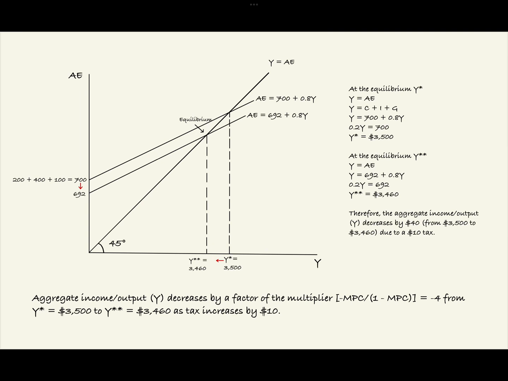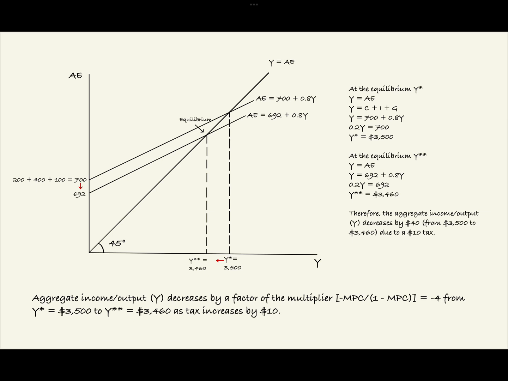At the equilibrium y double star, again, y equals AE. Now, after the government imposes a $10 tax, as we saw on the previous slide in our example, our aggregate expenditures, or AE, equals 692 plus 0.8y. Therefore, y equals 692 plus 0.8y.